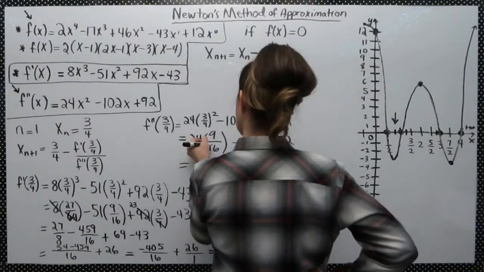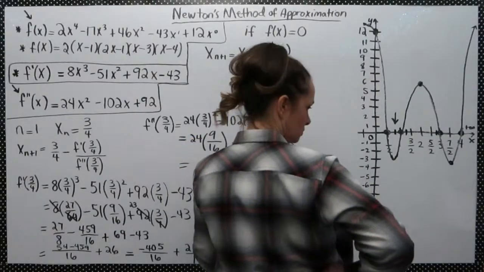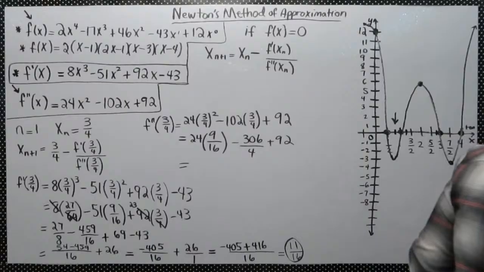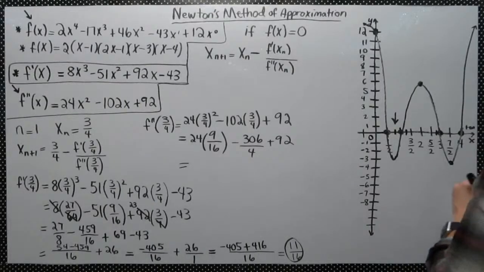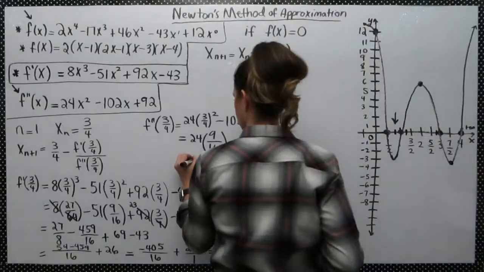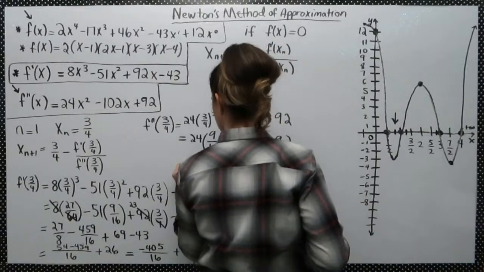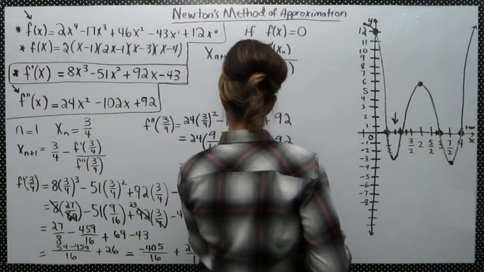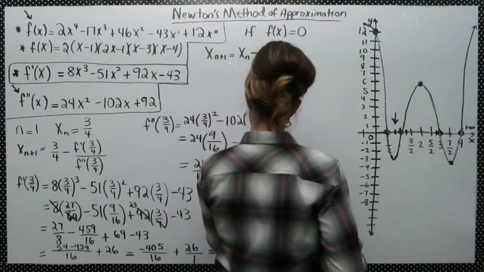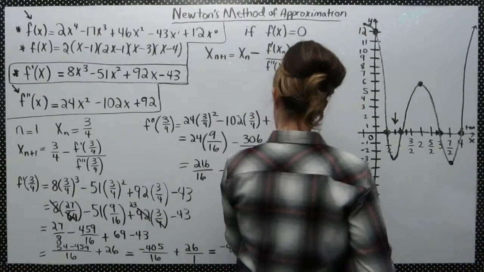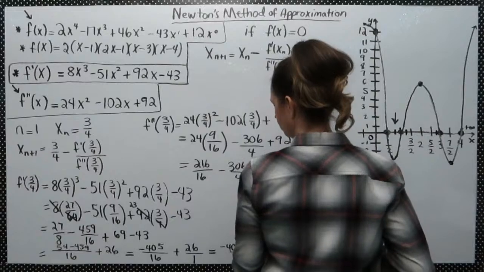So we could reduce that down or just multiply it. 24 times 9 is 216 over 16 minus 306 over 4 plus 92 over 1.